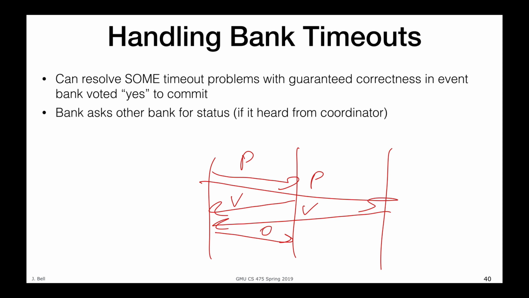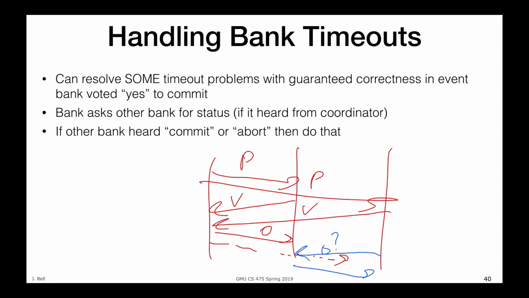Even if that outcome never really gets all the way to this other participant over here, if this participant can talk to this one and just be like, hey, what's the outcome? And then it can share it back. So if the bank heard back commit or abort, then they can just do that.